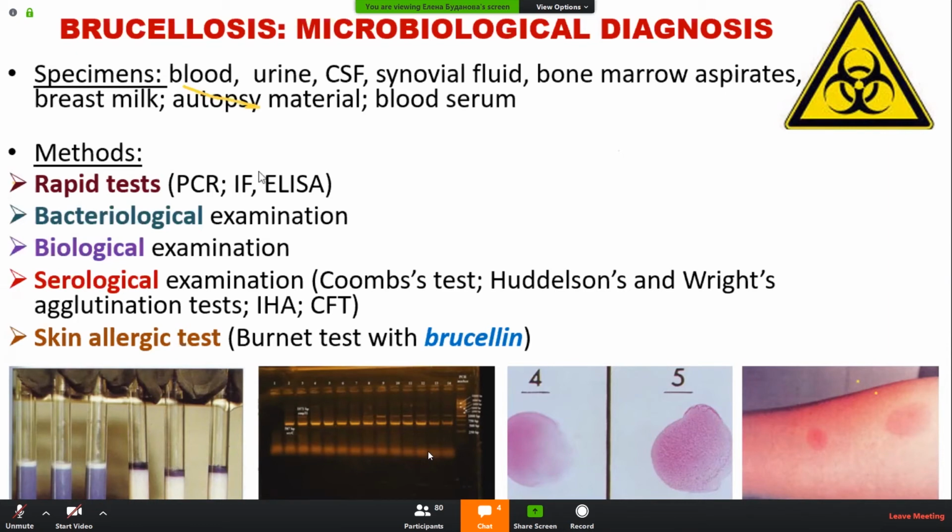I already mentioned, by the way, it is not shown in this slide, but you must keep in mind that in zoonosis, animal specimens are examined because they can be used for processing, for preparing foods, for making bone meal, for sewing, for processing hide, for making leather, for making shoes, everything.